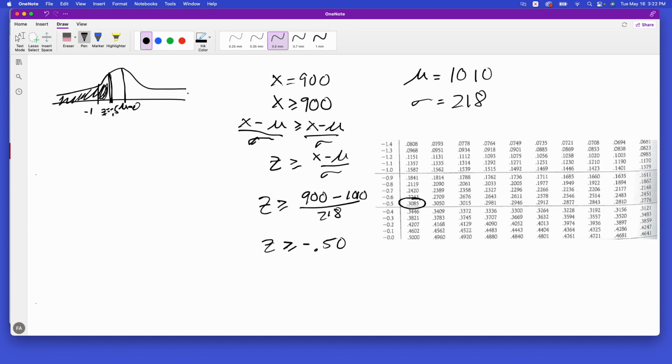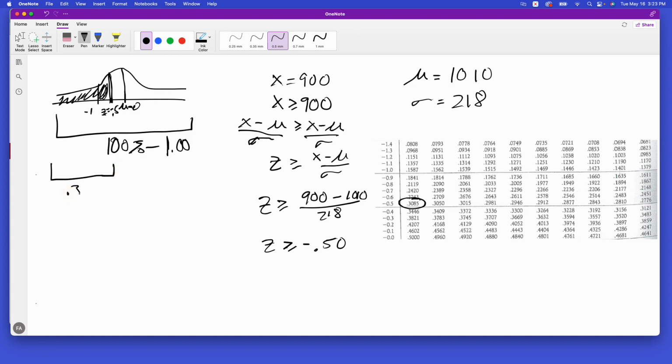So what we have over here is everything else, right? The entire thing, all of this is 1, or 100%, which we normally write as 1.00. This value right here of 0.3085 means that we are from here to here.